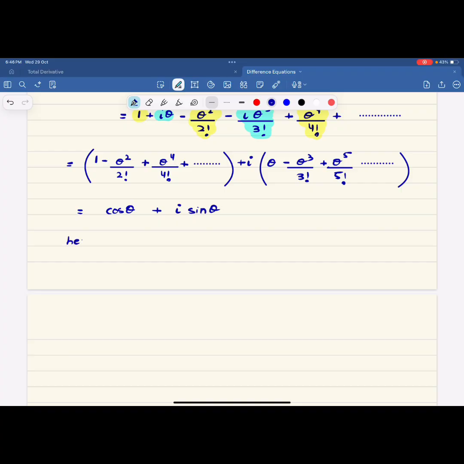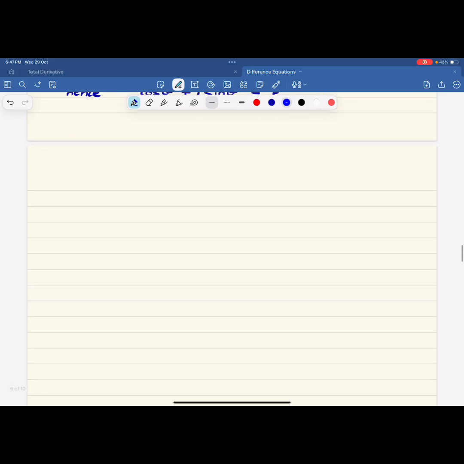Hence, we've figured out that cos theta plus i sin theta is equal to e^(i theta). So as a recap, we know that a complex number a plus ib can be written as r cos theta plus i sin theta, and we've just seen that cos theta plus i sin theta can be written as r e^(i theta).